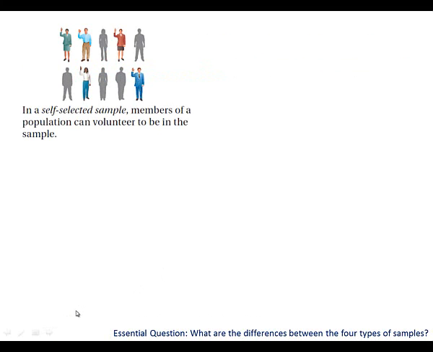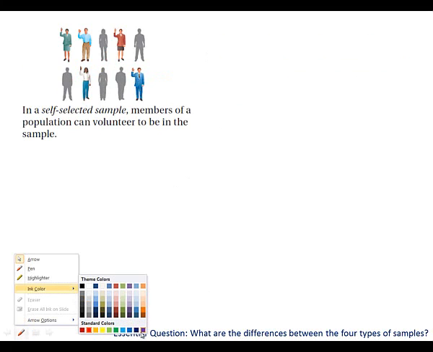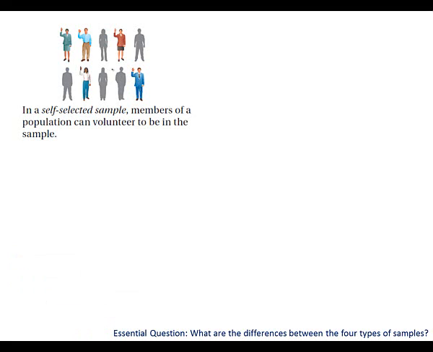So, there's the first one. You don't necessarily need to write every little word. You don't need to write the picture. Okay? If it was me, I would write self-selected sample, and members of population volunteer to be in sample. We got some words. So self-selected is a volunteer thing.